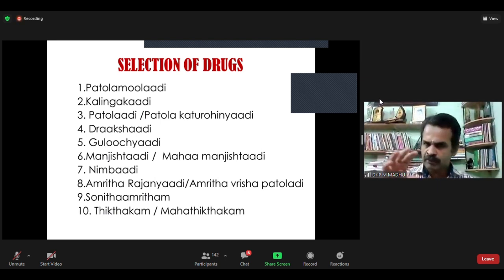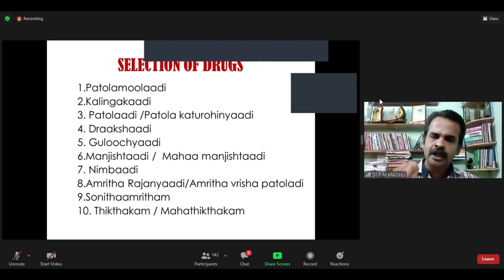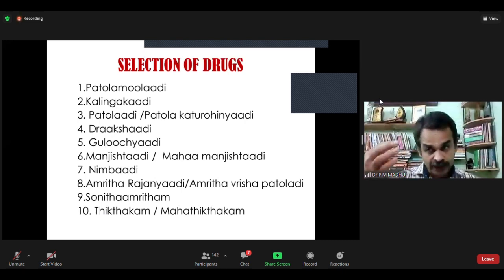Essentially, there will be some ama inside the body, and that ama should be eliminated from the body initially, and the remaining ama should be digested with the pachana aushadhas. For that, we are giving some pachana aushadhas. Initially, we give samshodhana, and after that the rasa gata ama pachana drugs: Kalingagam, Patolasya Patram, Katuka Rohini.